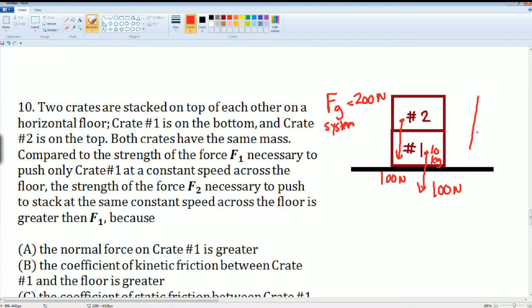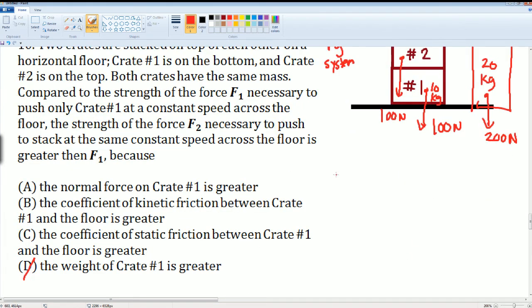It's the same thing as if I said there is one object that weighs 20 kilograms. You could say that goes down at 200 newtons. I treat the two crates here as one system, one object in this system. Okay, so here this one wouldn't work.